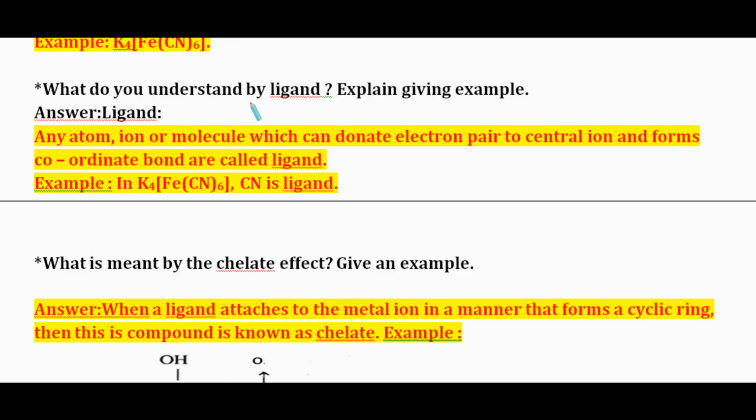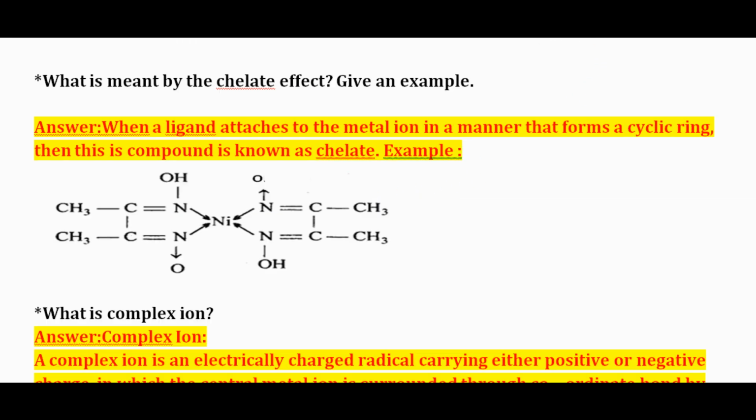Next question: what do you understand by ligand? Explain giving example. A ligand is any atom, ion or molecule which can donate an electron pair to the central ion or central atom to form coordinate bonds. Example: in K4[Fe(CN)6], CN is a ligand. What is meant by chelate effect?